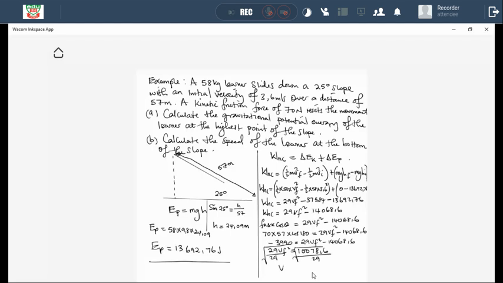Square root sign. Then my VF is equal to, in meters per second, the square root of 10078,6 divided by 29. That gives me 18,64. So 18,64.